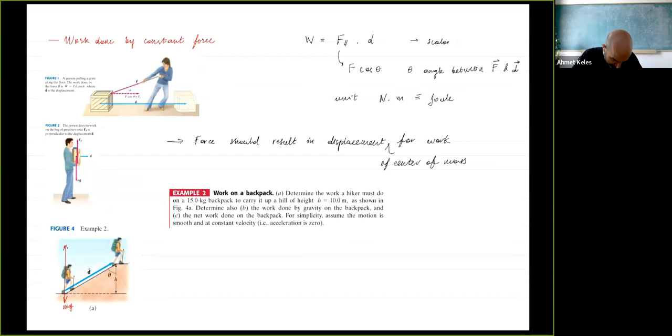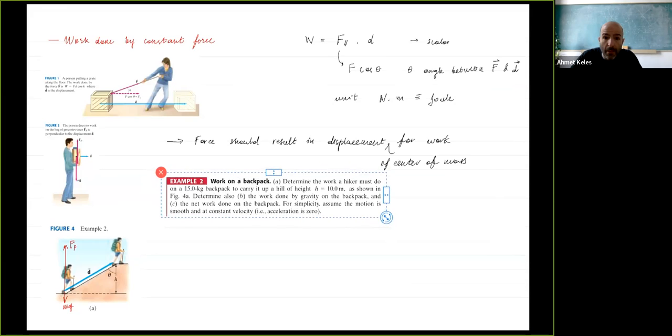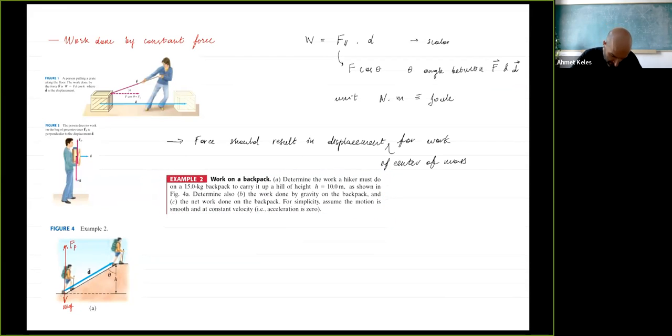There is some force applied by the person, let's call it FP. Using the definition we use here, work W is equal to F parallel times total displacement.